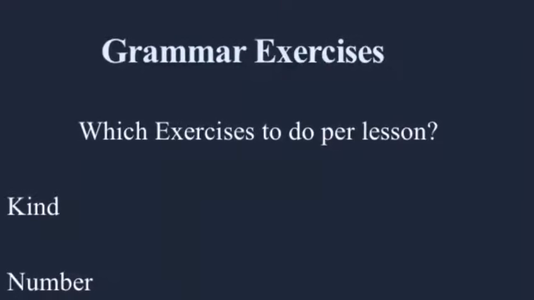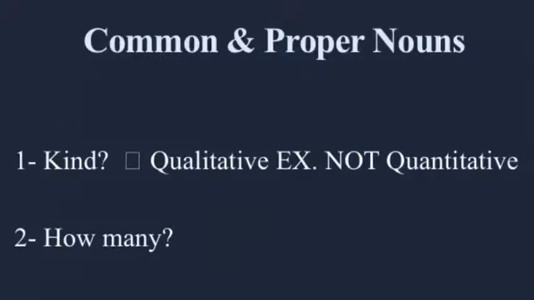Let's say the lesson is on common and proper nouns. So the kind is to choose the exercises that are qualitative, not quantitative, which means one exercise is on circle the common nouns and underline the proper nouns.